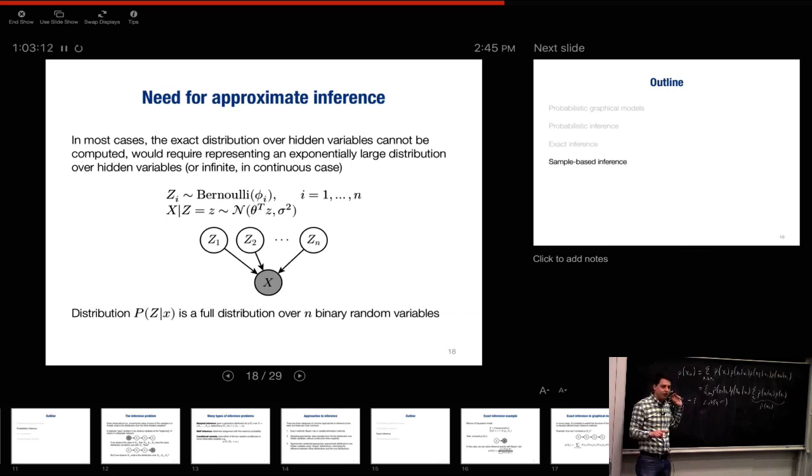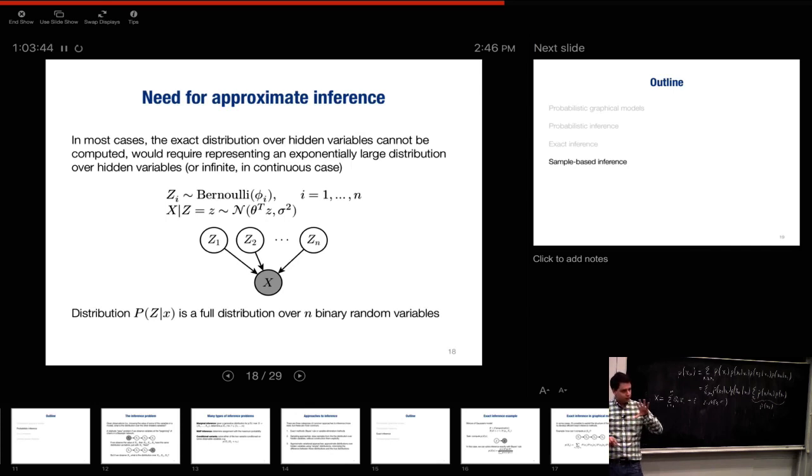How do I determine what those variables are given x? Unfortunately, this ends up being a very hard problem. I can't do much other than enumerate all possible settings of all my z variables, determine the probability of observing x under each, and then apply Bayes' rule in the most naive way possible, by coming up with an expression for every single possible assignment, all 2 to the n assignments of my variables z.